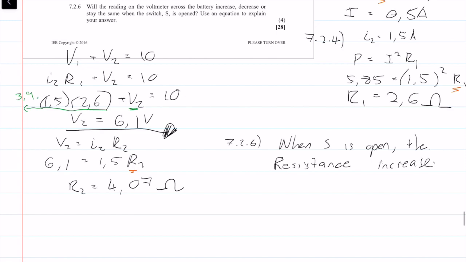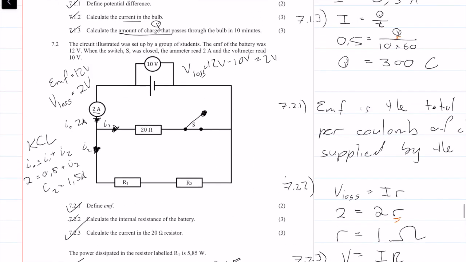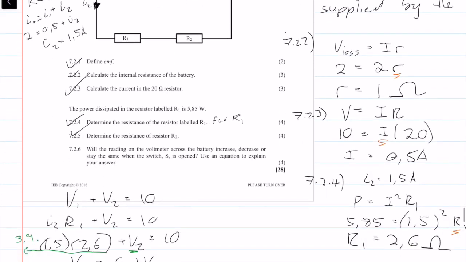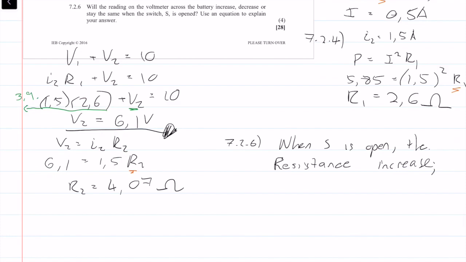Okay, so if the resistance increases, using V equals IR, we can say therefore the current through the battery goes down or decreases.